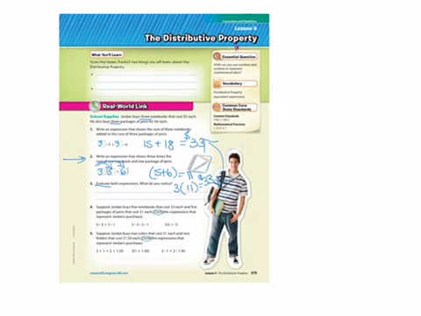Let's look at the second part of it. Suppose Jordan buys 5 notebooks that cost $3 each and 5 packages of pens that cost $1 each. Circle the expression that represents Jordan's purchases. Well, this one says 5 times 3, so 5 notebooks at $3, plus 5 packages at $1.